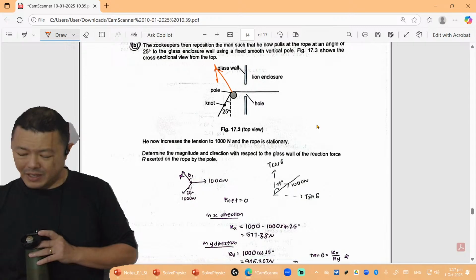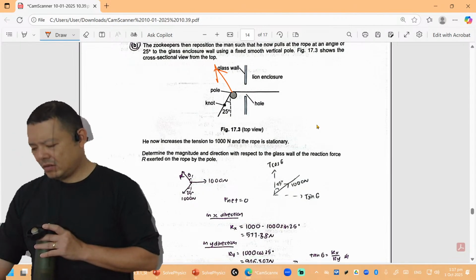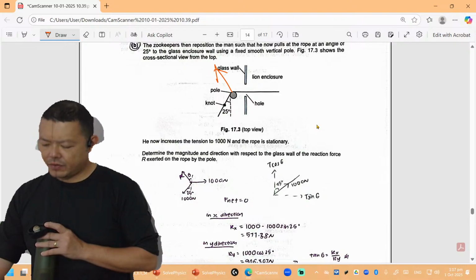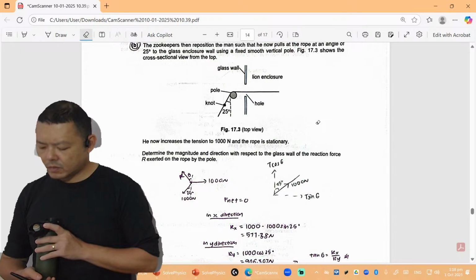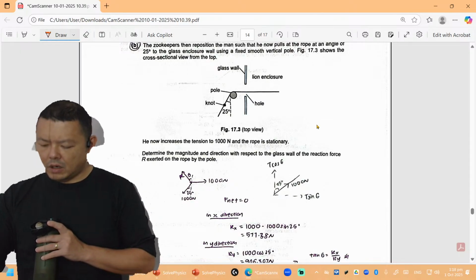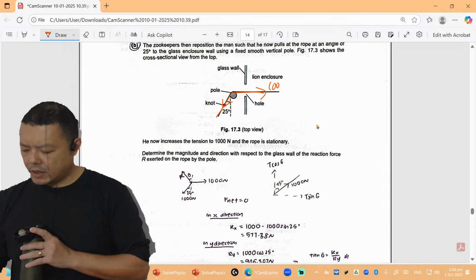So it should look something like this. But you probably have to sum everything up. Isn't it just 1,000 here, 1,000 there, 1,000 here, 1,000 there?